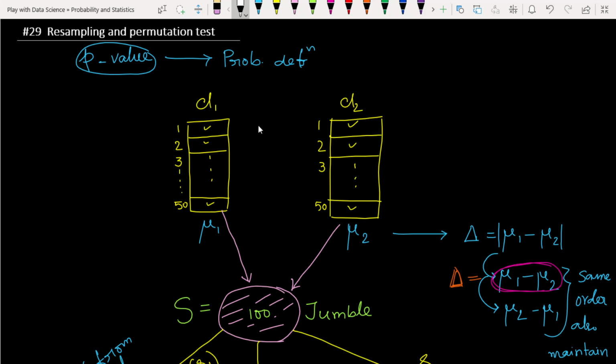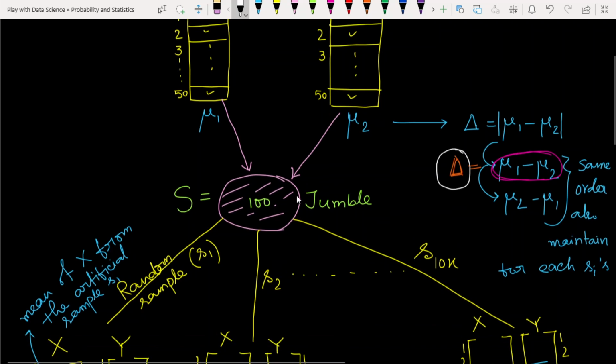We calculate the difference of the means, that is capital delta here. This capital delta is the difference of the mean of the class 1 observed values and the class 2 observed values. After that we will jumble up, mix up these two observations.